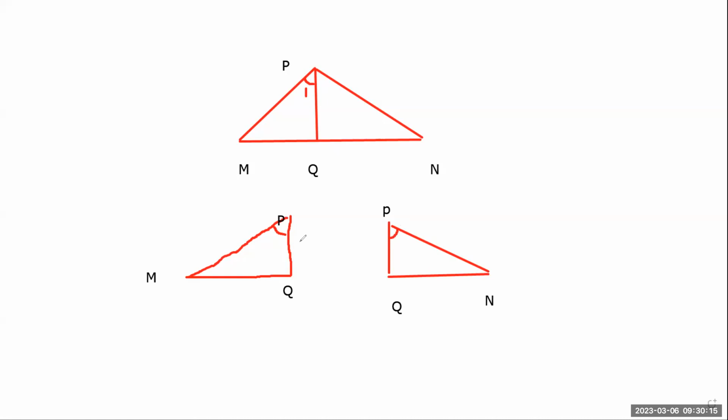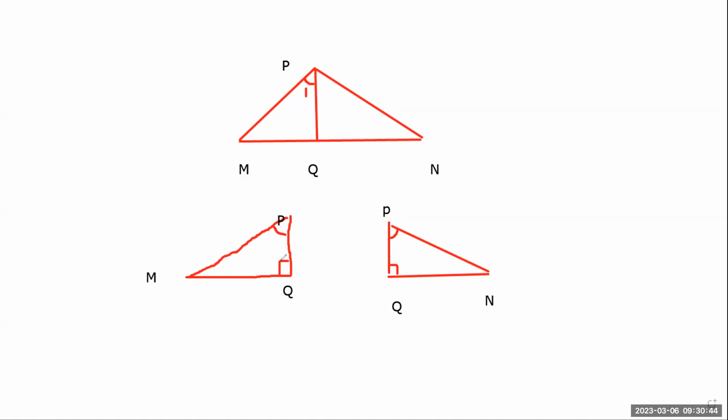They've also given you that MQ and this line are perpendicular. Because they're perpendicular to each other, that makes these angles 90 degrees by the definition of perpendicular, okay? So they've given you these two.